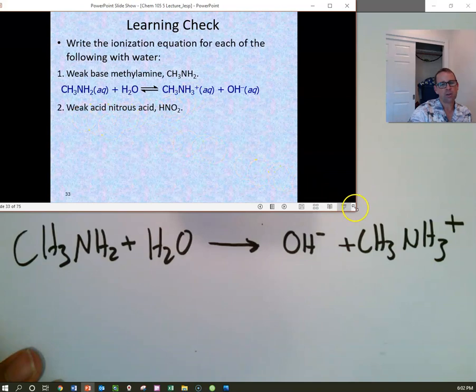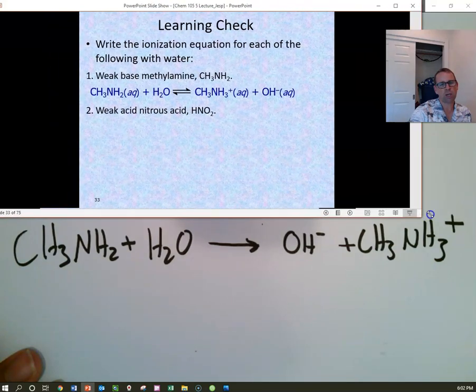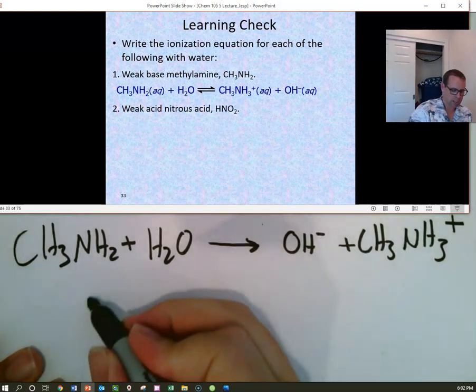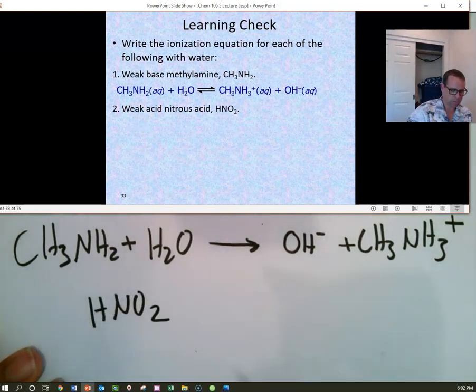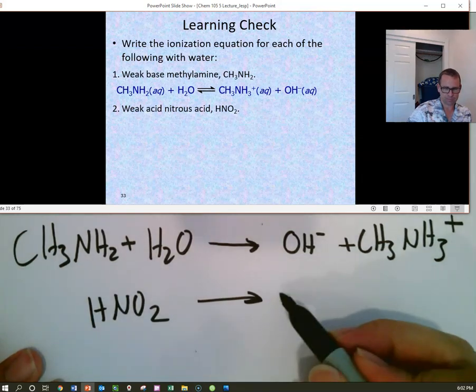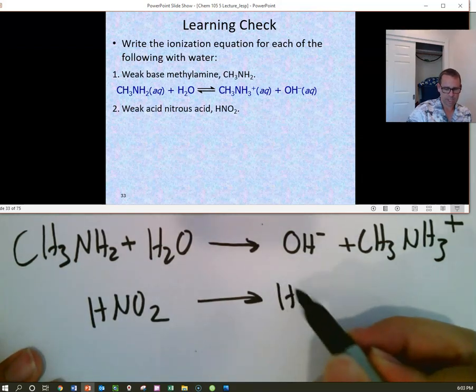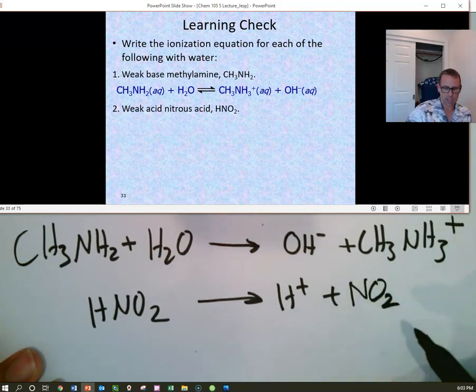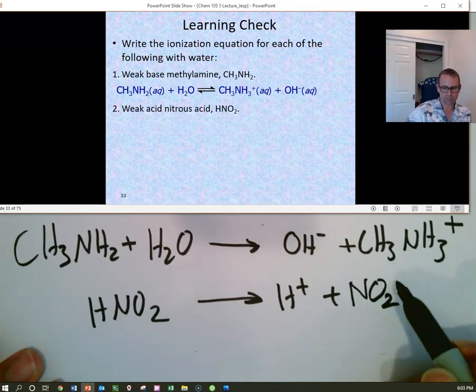Now, let's draw the dissociation of a weak acid. A weak acid dissociates by writing the acid, HNO2, and what are the dissociative products going to be? The hydrogen, H plus, and NO2. What's the charge on the NO2? Minus.